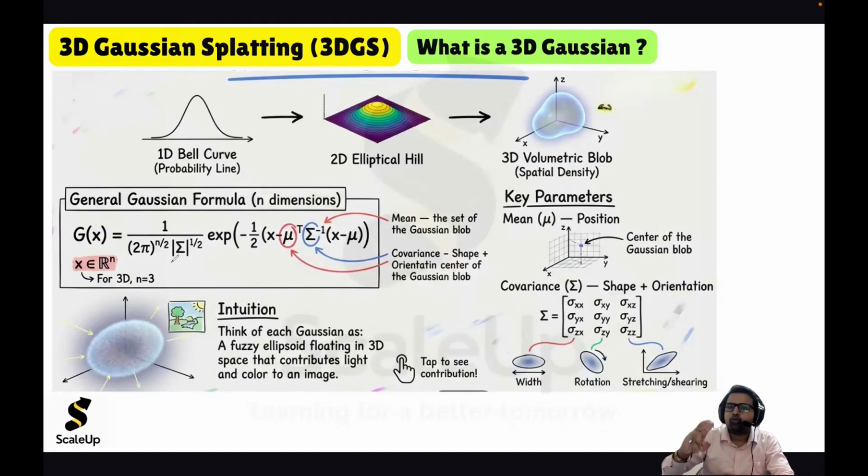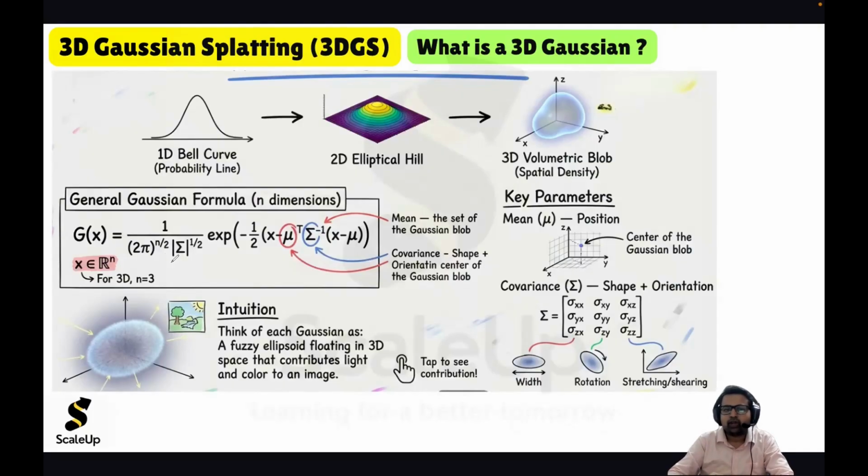Along with that, two more parameters define a 3D Gaussian, the opacity and the color.